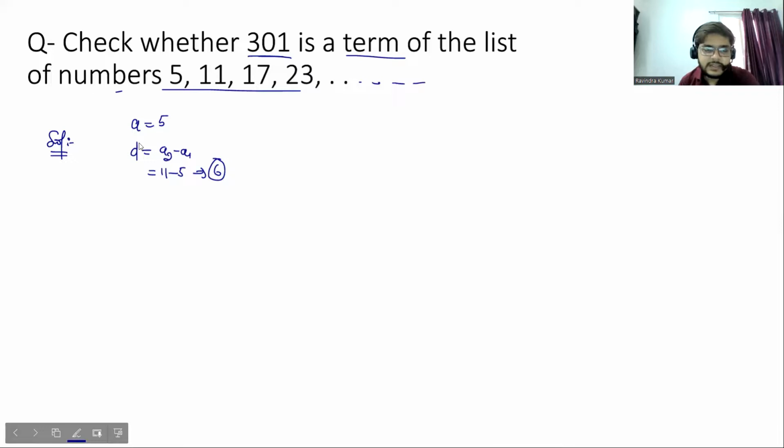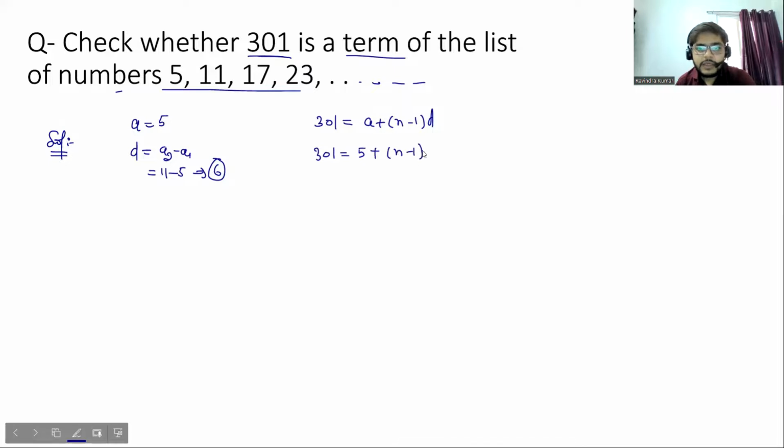So let's say 301 here, and apply all the values. Basically we have to find the value of n here. 301 is equal to a, that is 5, plus n minus 1 times d, that is 6 here. Okay, so 5 transposes to this side and comes with the negative sign. So it is nothing but 296 divided by 6 is equal to n minus 1.